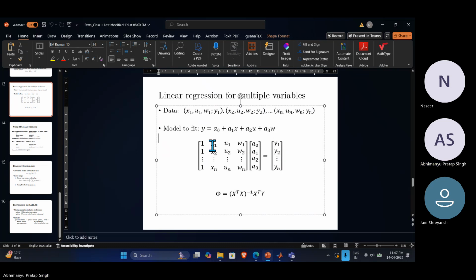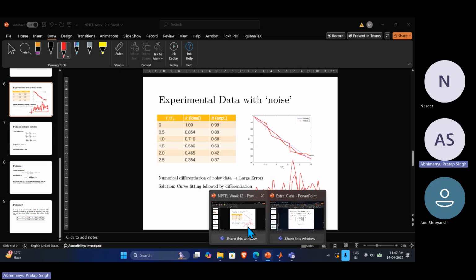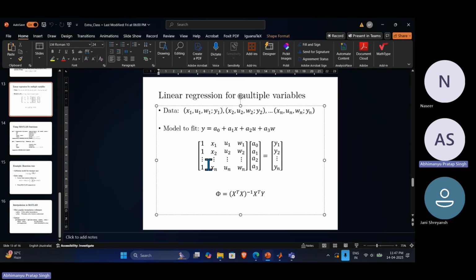Okay. So we create this X matrix, which for our case, since there are 6 data points, 1, 2, 3, 4, 5, 6, would be a 6 cross 3 matrix. We take this transpose, do this multiplication, and we get a 3 cross 3 matrix. We take the inverse of that and we multiply it by X transpose and then multiply by Y. Okay.